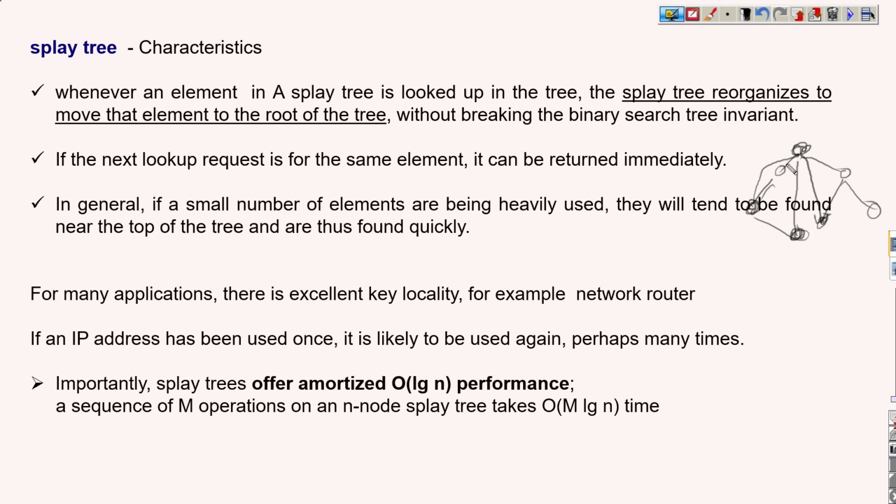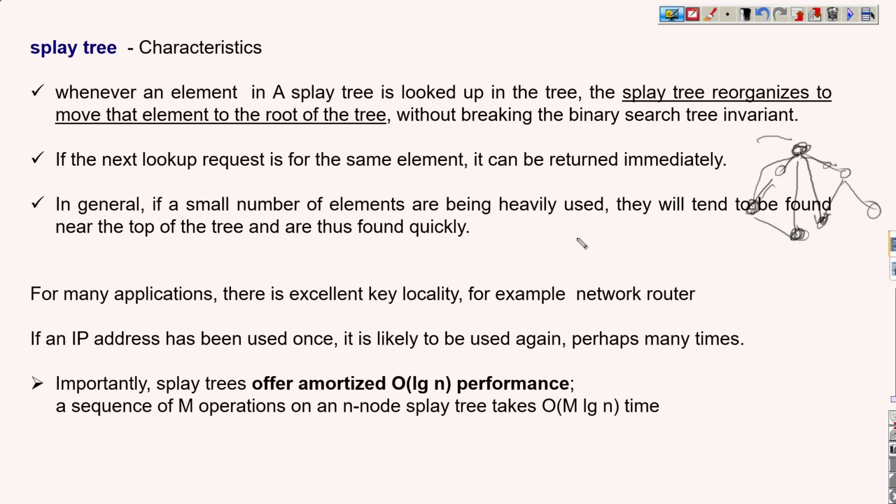All these three elements, after three operations, exist either at the root or nearby the root. We are assuming that these are the items which need to be frequently accessed. So now after the three operations, these elements are found at the root or near the root so that they can be accessed in a faster way.